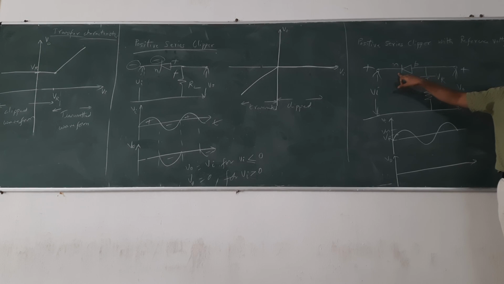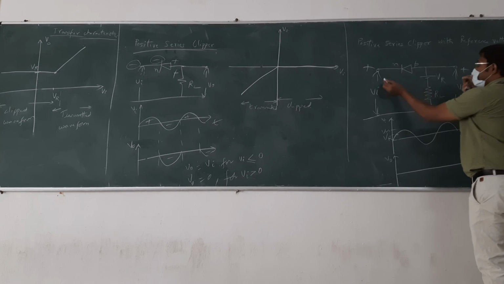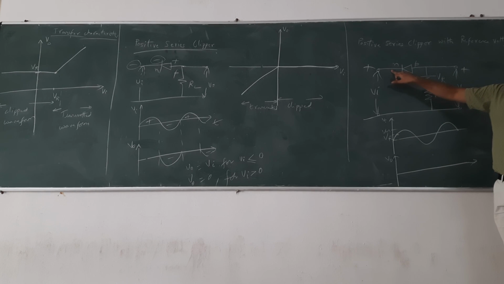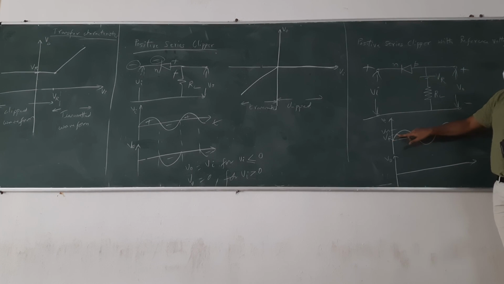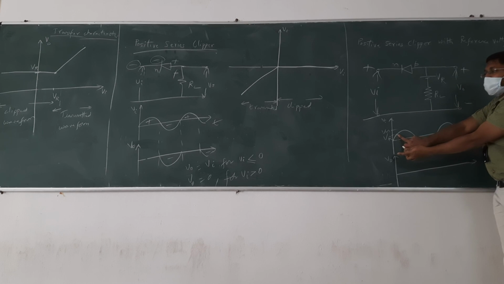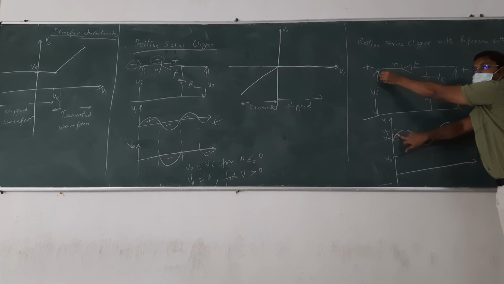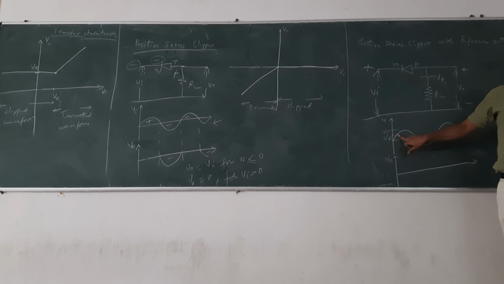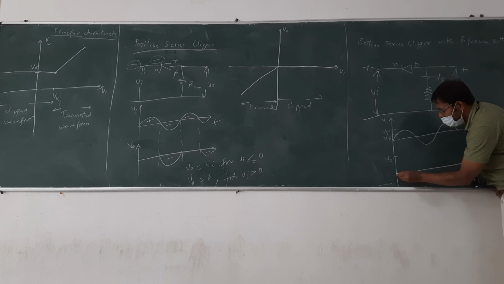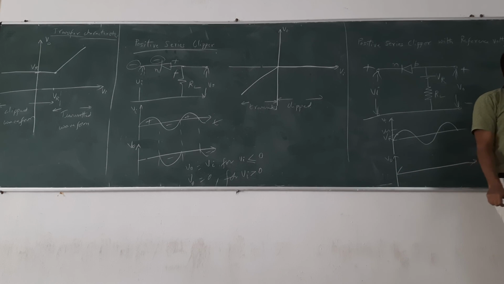Correct? Here to here, this is the N side. N side voltage is low compared to the P side. P side is VR, N side input is less than VR. So the diode is on. On means direct connection. What is input? The same is the output.